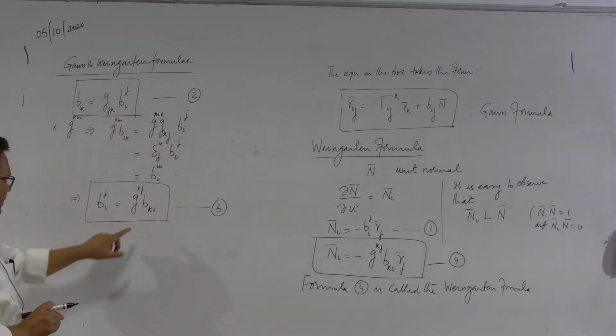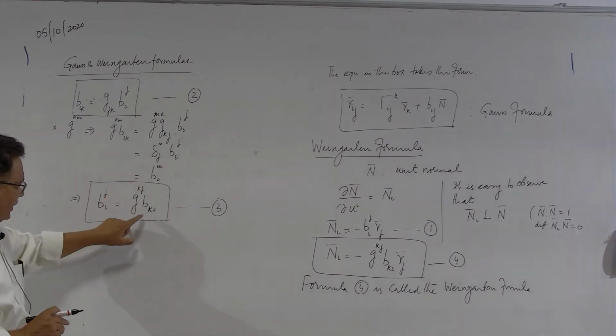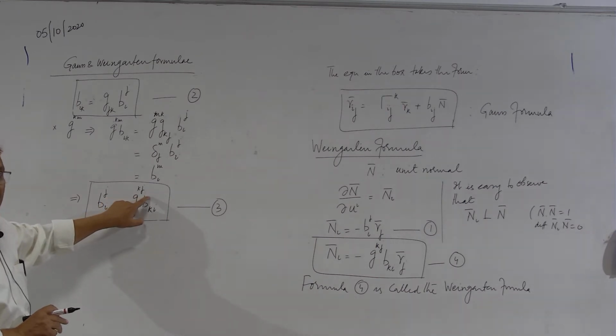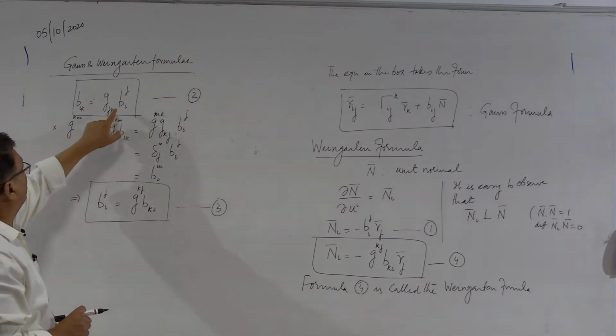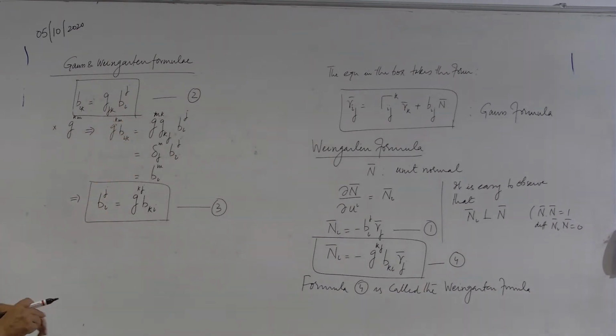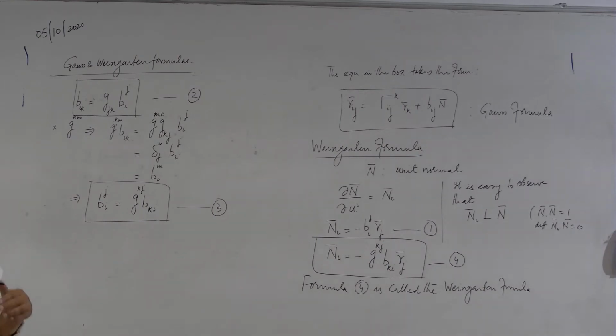Similarly, if you want to read formula number 3, what you see is that G upper k j, when it multiplies with B k I, brings this index j up here, whereas the other lowers this index down here. So, I can say from these two relations 2 and 3 that G lower I j lowers the index of a tensor to which it is multiplying, whereas G upper j I is raising the index. So, these are the two observations.